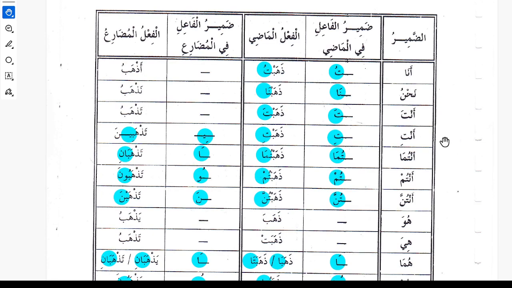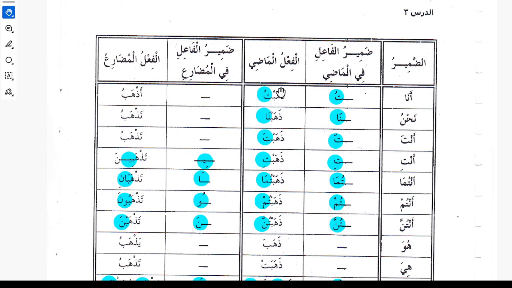Similarly, the second person: anta, anti, antuma, antum, antunna. For anta, zahabta; anti, zahabti; antuma, zahabtuma; antum, zahabtum; antunna, zahabtunna. So you see that these damirul fa'il in the madi are added.